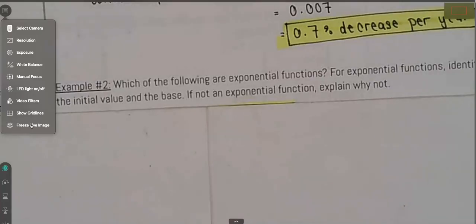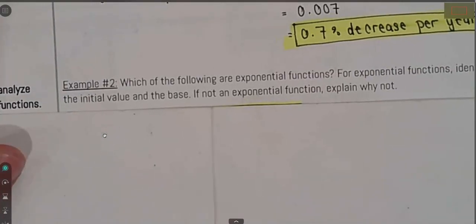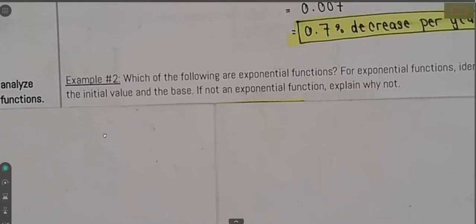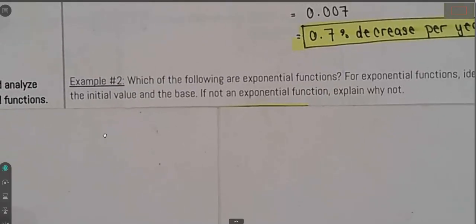All right, so the answer to A is yes, it is an exponential function. Let's see here. I will give a bonus point. There's 5 questions, and there's 16. This doesn't add up. We'll start with team 1 and go through, and the team that doesn't get a bonus point, I'll think of something later to give you guys a bonus point. Okay, team 1, can you tell me the initial value on the base?